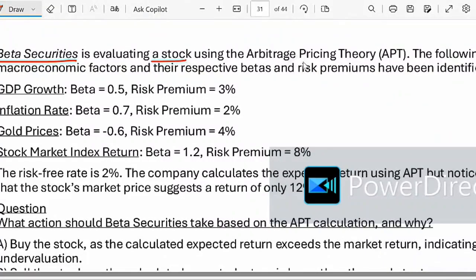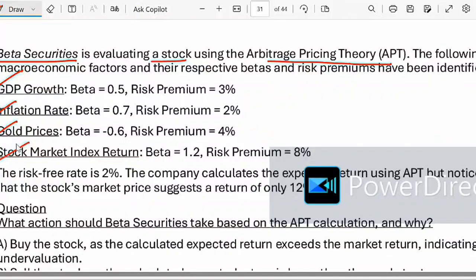They are evaluating a stock using arbitrage pricing theory, APT, which unlike CAPM uses multiple economic factors. CAPM only uses one economic factor, while APT uses multiple economic factors, like GDP growth, inflation rate, gold price, stock market index return. These are the multiple factors to calculate the expected return.